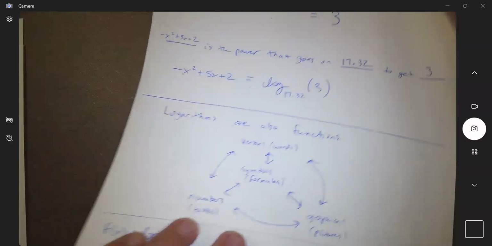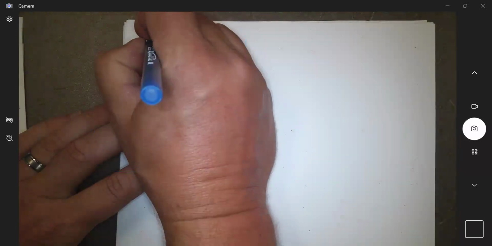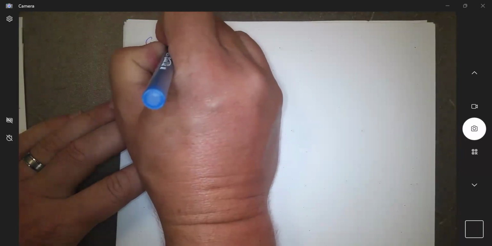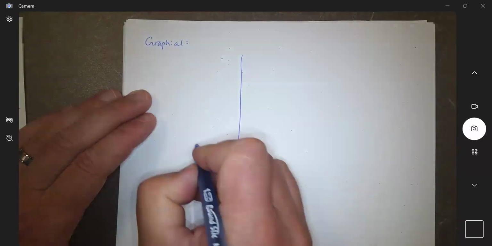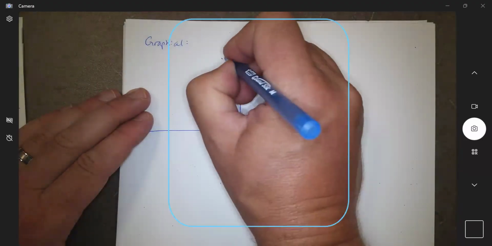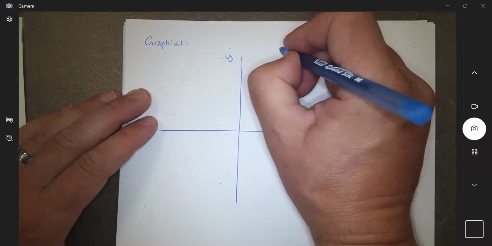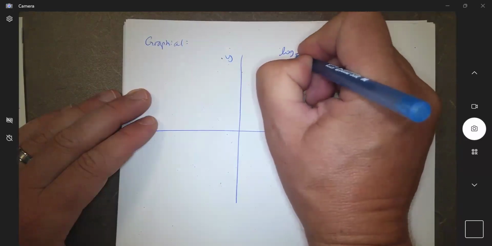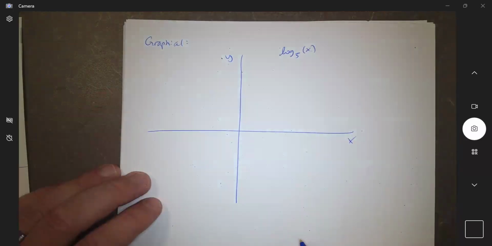The graphical form of a logarithm function. Let's do log base 5 of x.